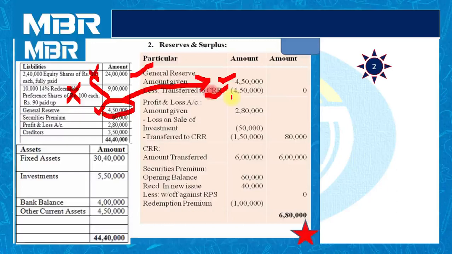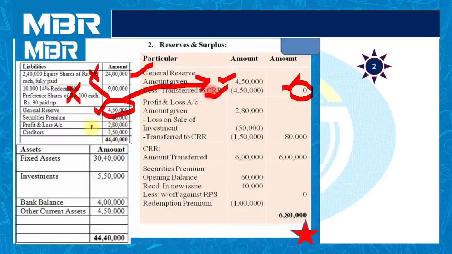We have transferred a total of rupees 6 lakhs to capital redemption reserve, that is the CRR account. Out of these 6 lakhs, rupees 4,50,000 was arranged by the company from general reserve. So 4,50,000 minus 4,50,000, the balance of the general reserve account is 0.